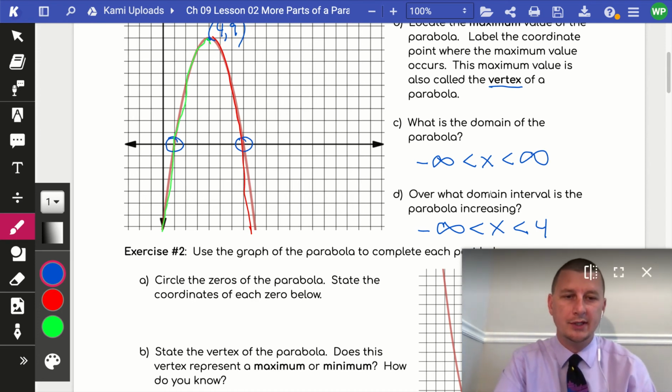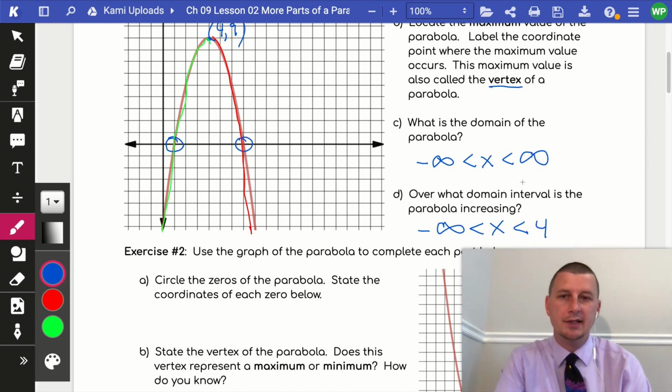The reason why we don't include 4 is because if it were to include 4, that means we would be increasing at the point it's turning around, which means it would have to be decreasing as well at the point where it's turning around. Can something be increasing and decreasing at the same time? The answer is no. Those would cancel each other out.